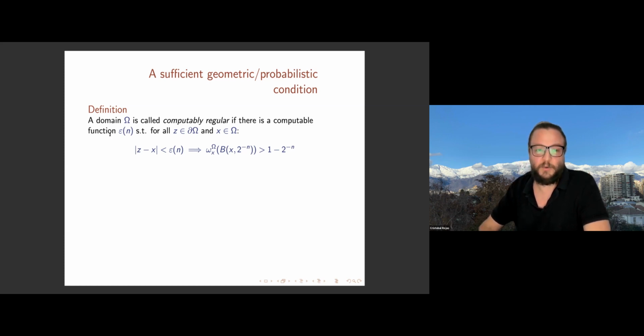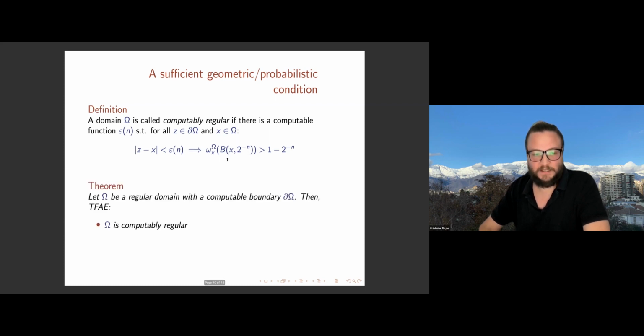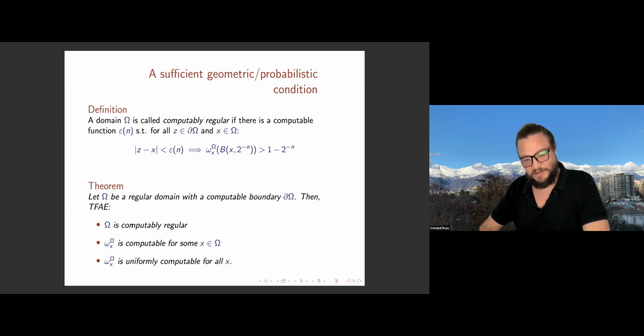So if we can compute a function which actually tells us how close we need to be to the boundary in order to exit nearby with very high probability, then, in the case in which we know the set, so we're assuming it is computable with computable boundary, computing the harmonic measure at all points is equivalent to the set actually having this property of being computably regular.